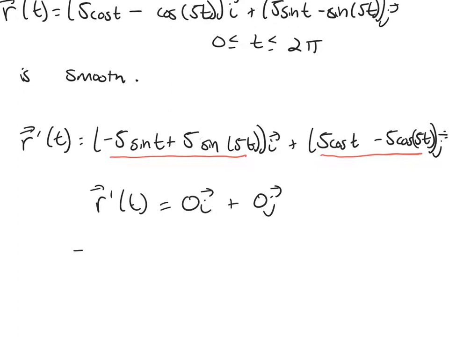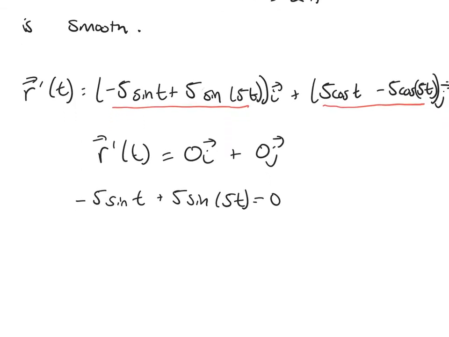So I'm looking at setting my first component function equal to 0, and then my second component function equal to 0, and I want solutions to this system of equations.